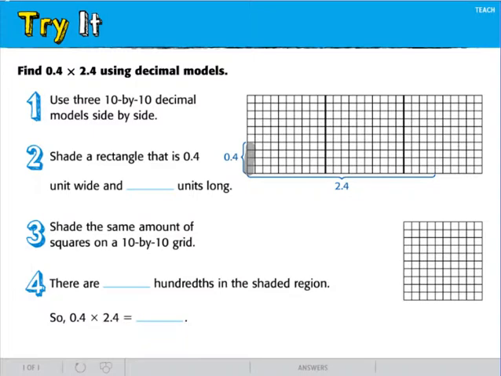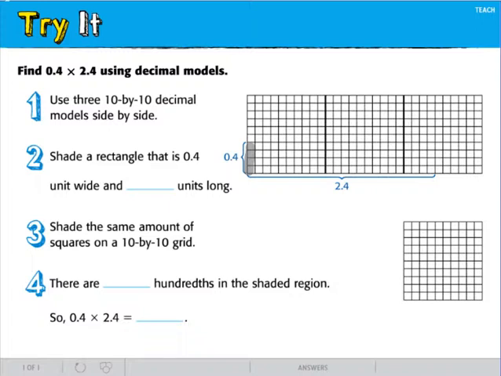How many units did we say it takes to make one? 10, right? Now, how many ones do we have in our problem? 4/10 times 2 and 4/10. How many ones do we have?